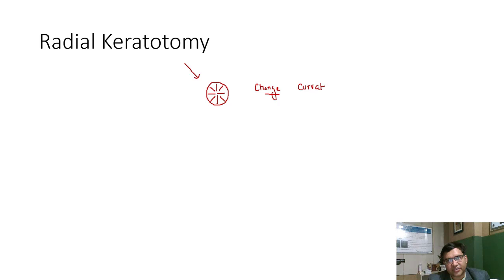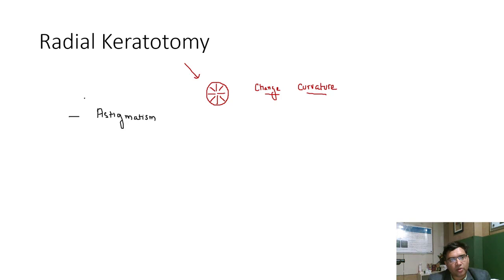The disadvantage was that when we put these scars or cuts over the cornea, they can sometimes lead to astigmatism. So we are correcting, let's say, myopia, and we are producing astigmatism in the patient.